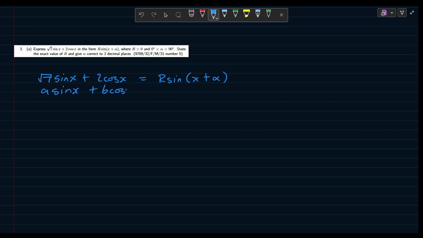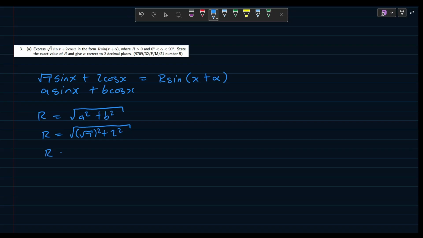So we can start by evaluating r. R is going to be the square root of a squared plus b squared. So r is equal to root 7 squared plus 2 squared.